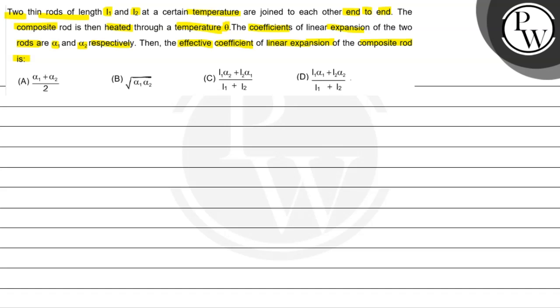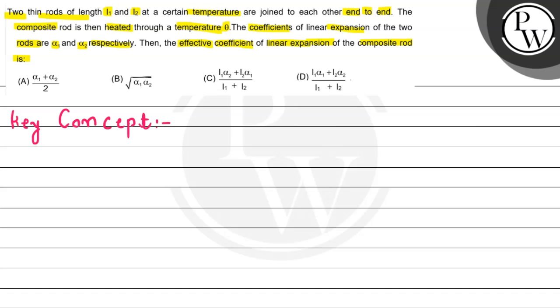So for this, let us look to the solution. But before that, let's see the key concept that we are going to use here for this question. Generally, we are talking about the coefficient of linear expansion, right?